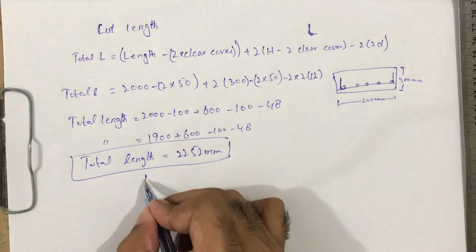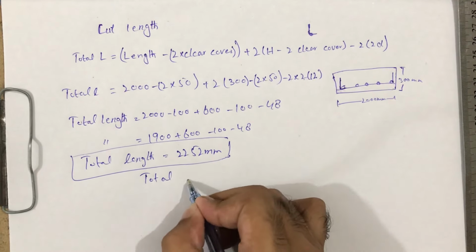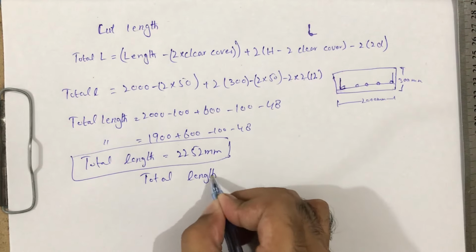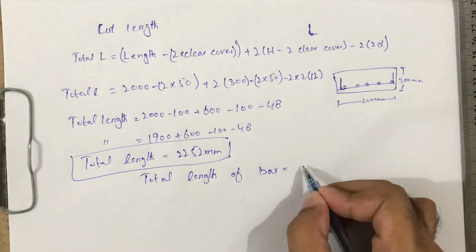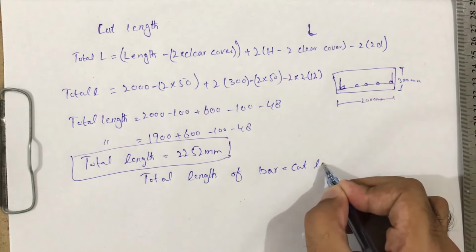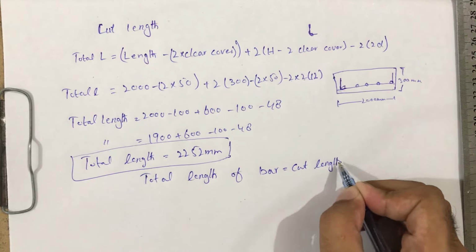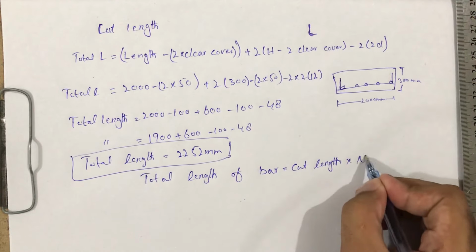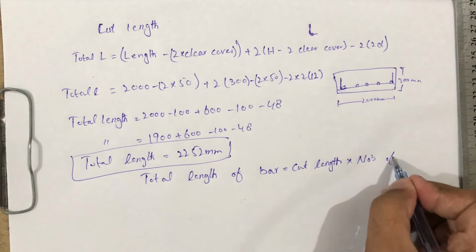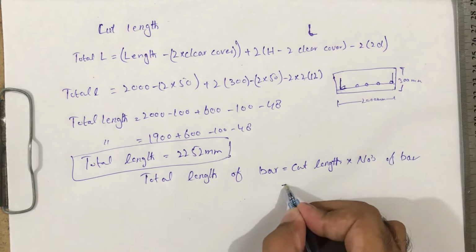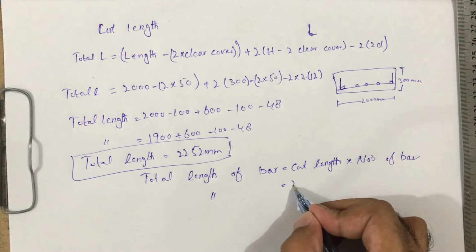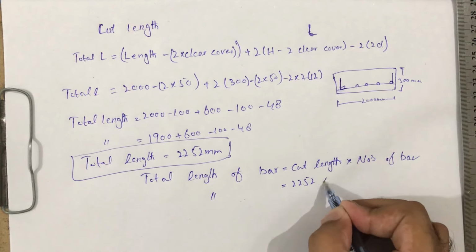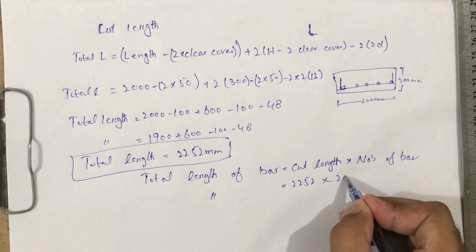Now we have to find total length of bar equal to cut length multiply numbers of bars. So cut length is 2252 mm multiply number of bars, 28.